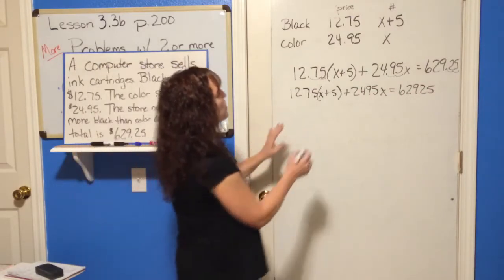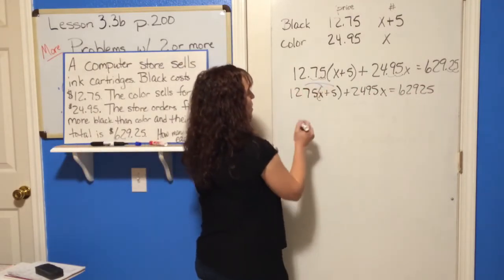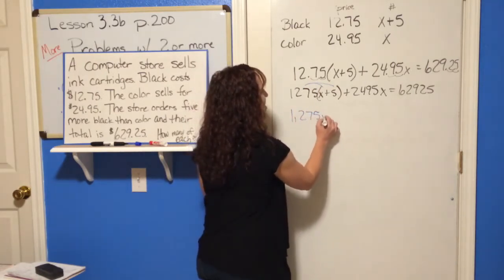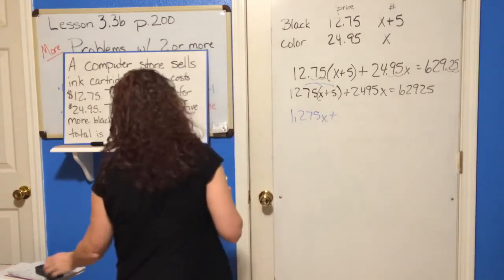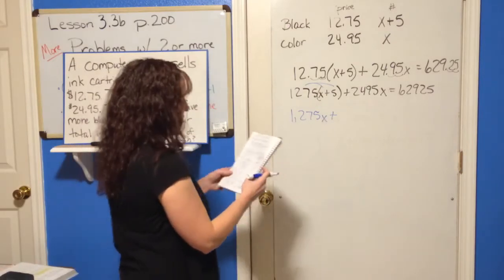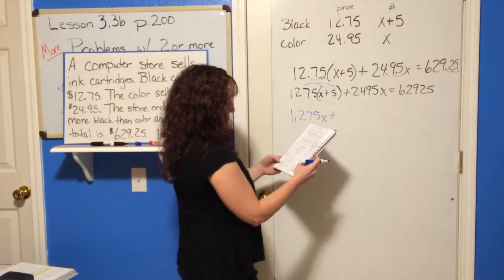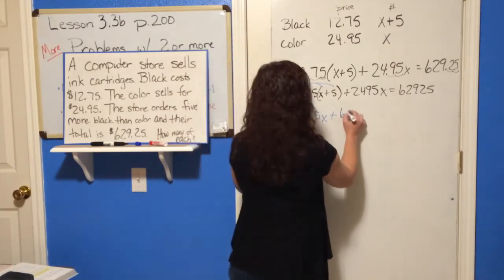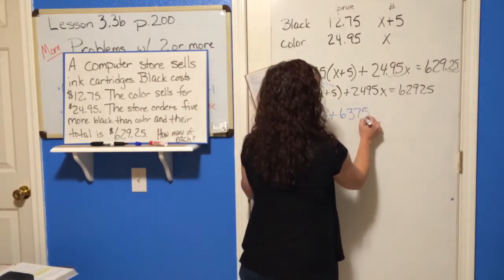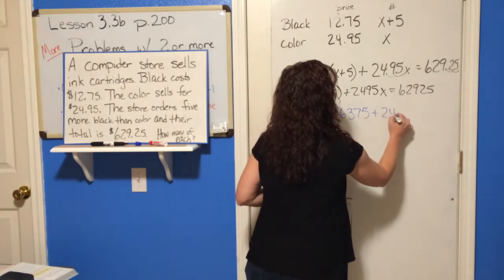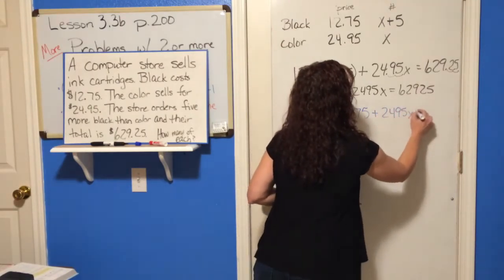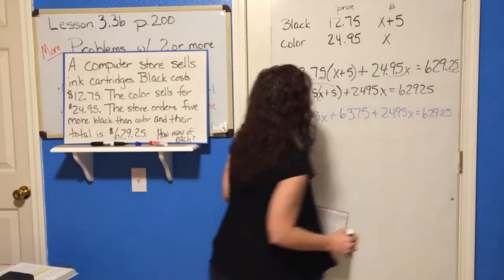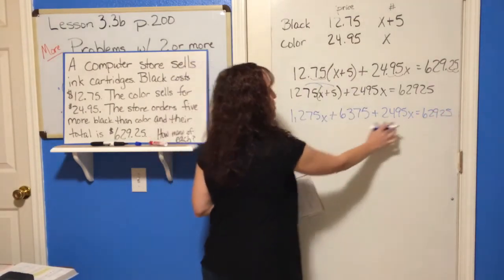So now when we multiply through and get rid of the parentheses, we have 1,275x plus 1,275 times 5, which is 6,375, plus 2,495x equals 62,925. So now we're going to combine like terms.